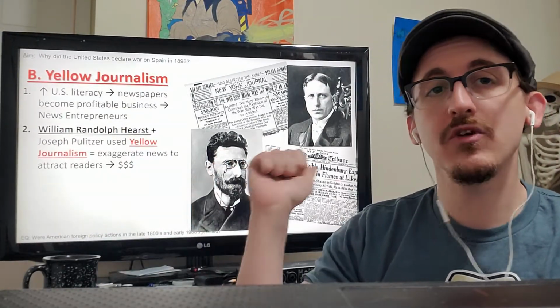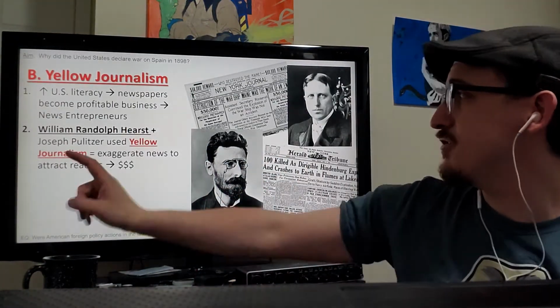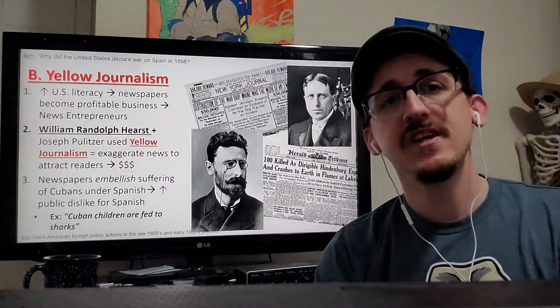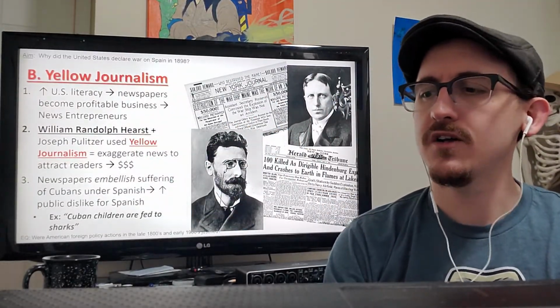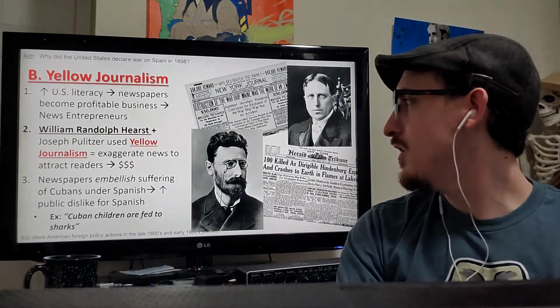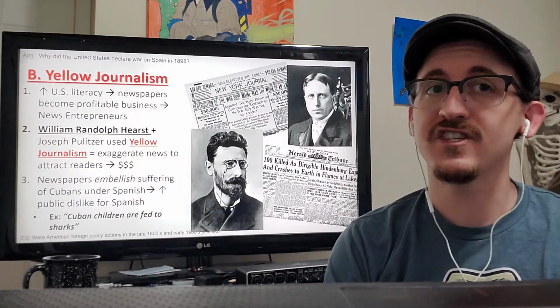These guys were doing it, but they were using the Spanish-American War. So they exaggerate the news to attract readers. The newspapers embellish, which means exaggerate, basically, to creatively blow up something, to embellish the suffering of Cubans and increase public dislike for the Spanish.